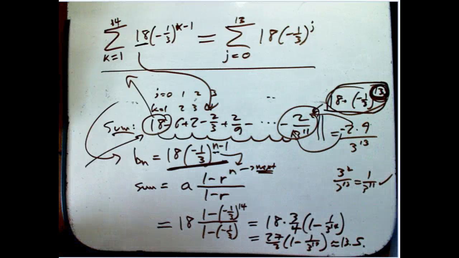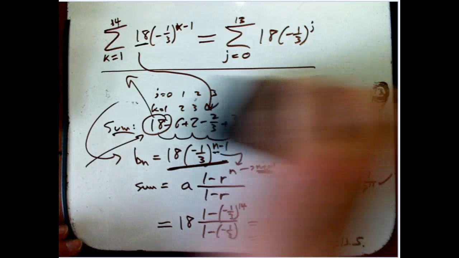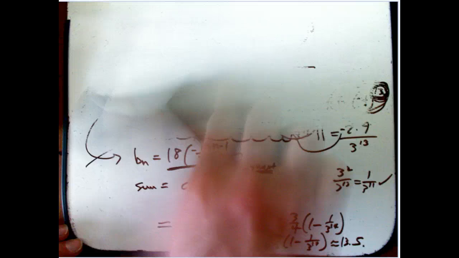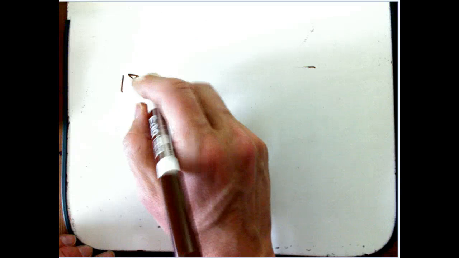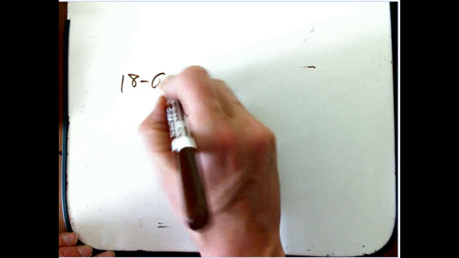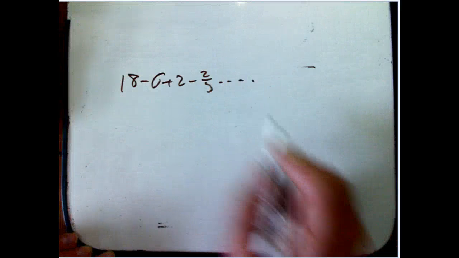While we're on the subject of this summation, what would happen if we wanted to sum the whole sequence? That's a little bit more of a sophisticated concept, but it's actually a simpler formula. If you had 18 minus 6 plus 2 minus 2/3, and you never stopped.